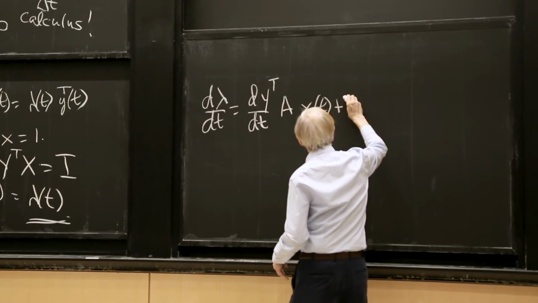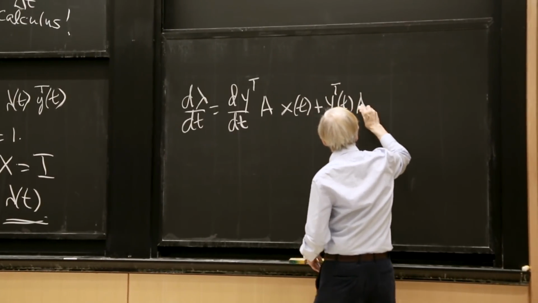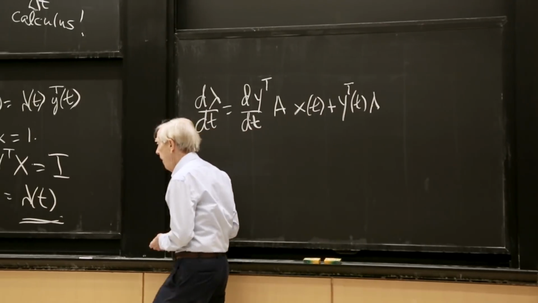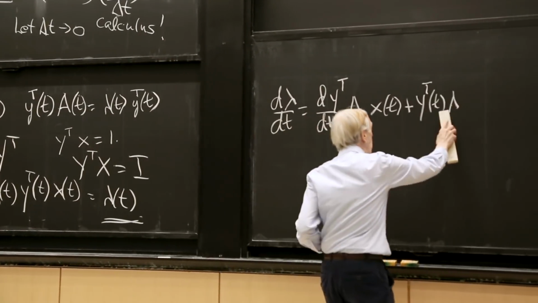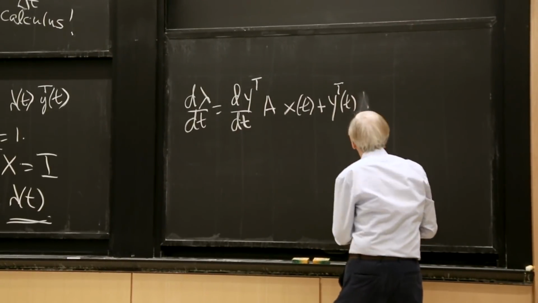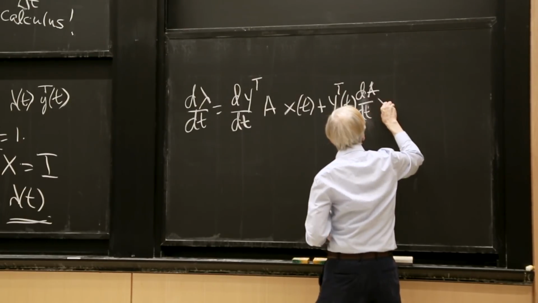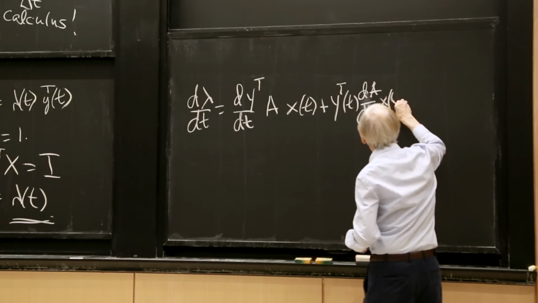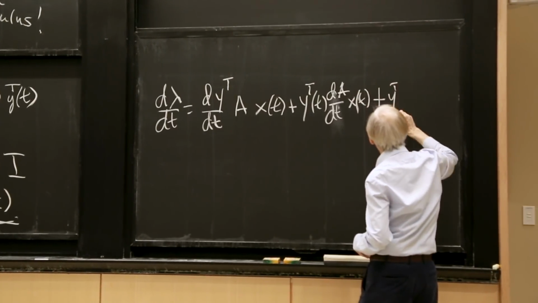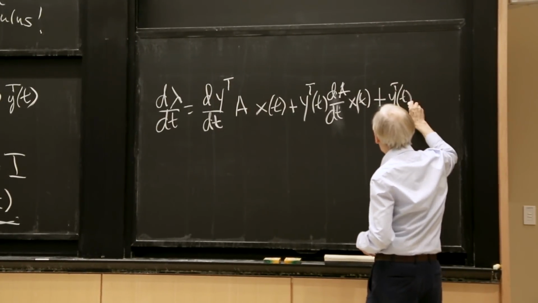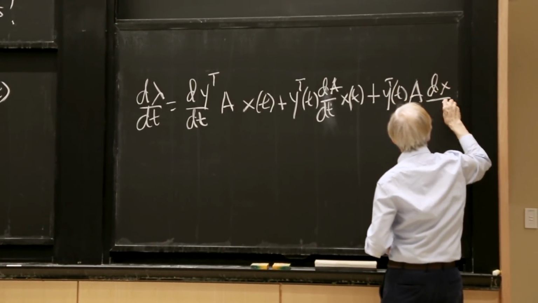Take the derivative of the second guy times the second guy. And the third guy, y transpose of t, A of t, dx dt.